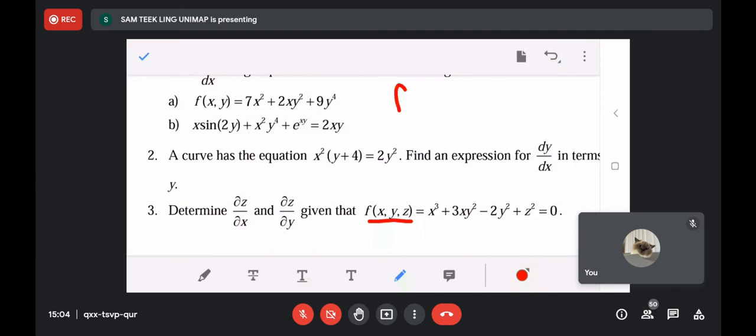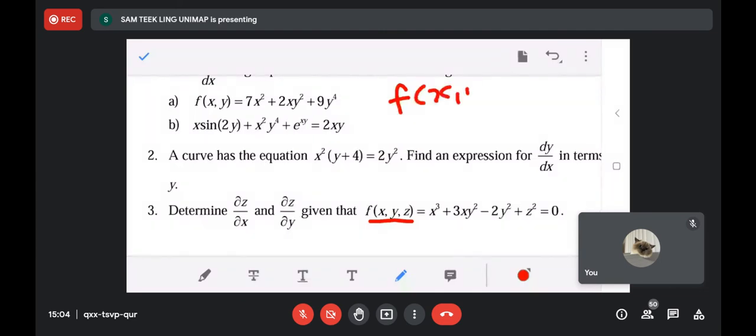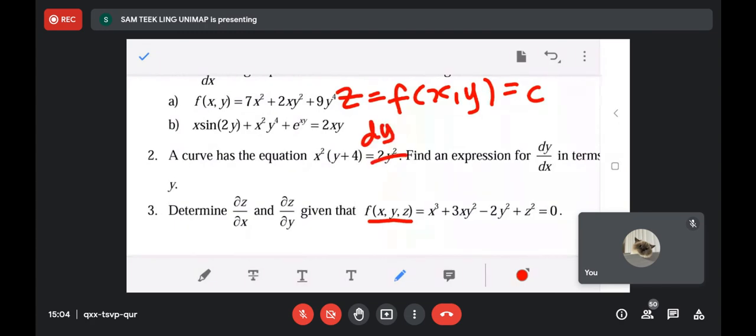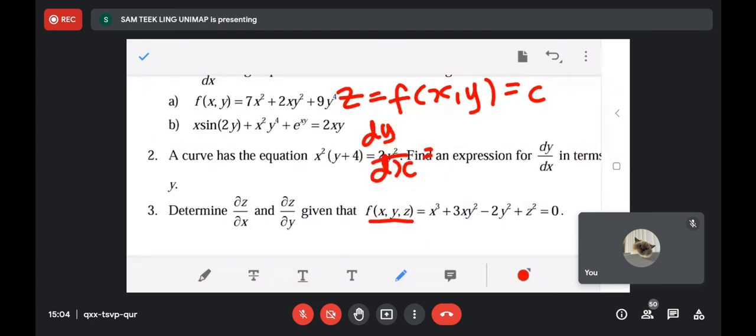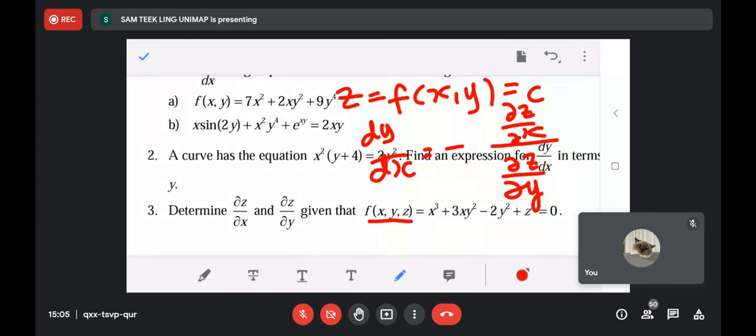So f(x, y) equals a constant, you let z equal f(x, y). If you want to find dy/dx, it is negative del z del x over del z del y. This is the formula for your implicit function before.